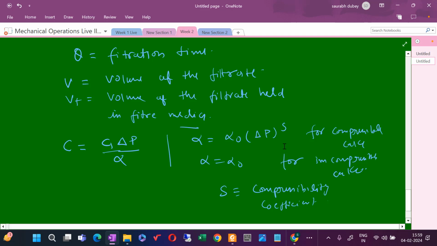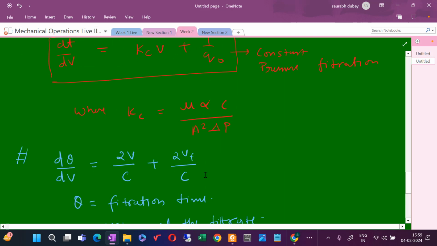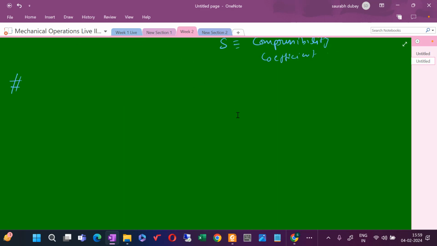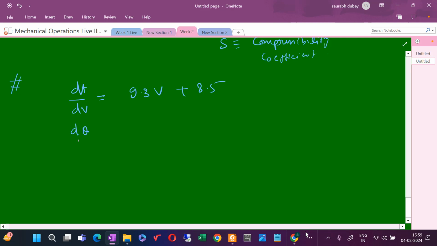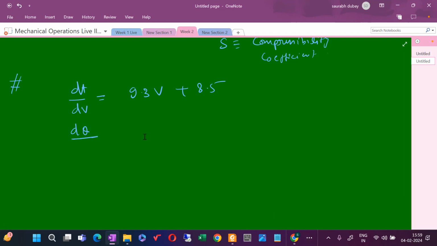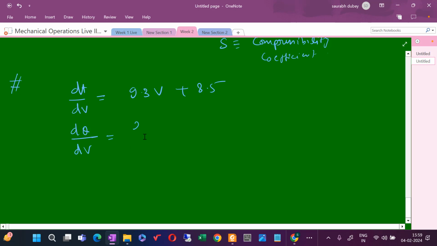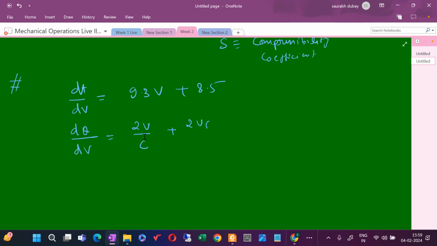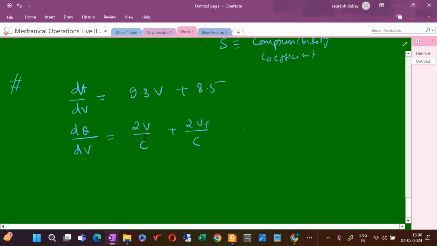When you use these expressions to solve the problem, dt by dv equals 9.3 v plus 8.5, and d theta by dv equals 2v by C plus 2vf by C. Here C equals C1 delta p divided by alpha, and alpha equals alpha 0 delta p to the power s.